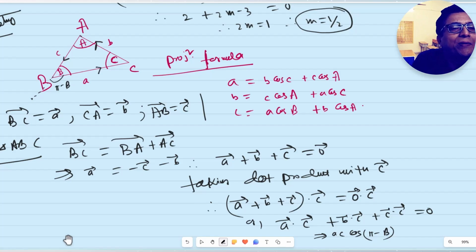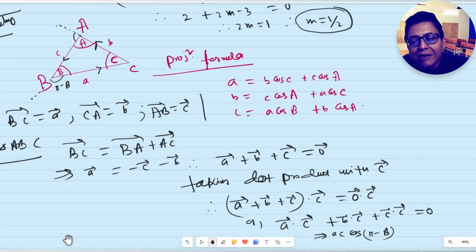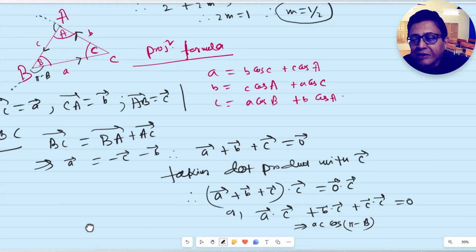What about B dot C? What's the angle between B and C? Produce it. The angle between B and C is also 180 minus A. So you write it as BC cos(pi minus A). C dot C is what? Mod C squared.